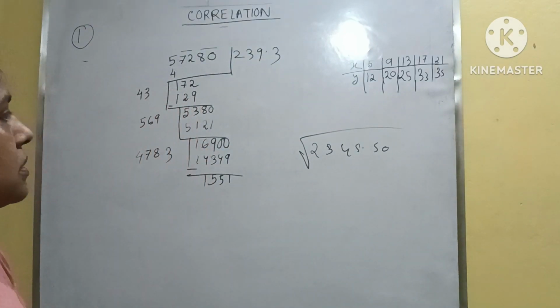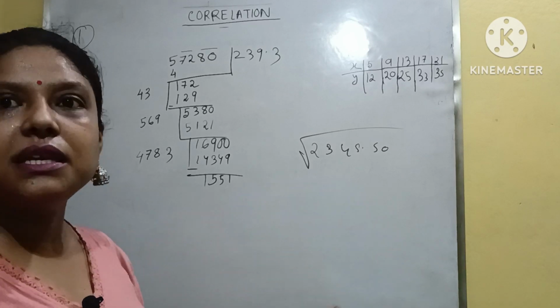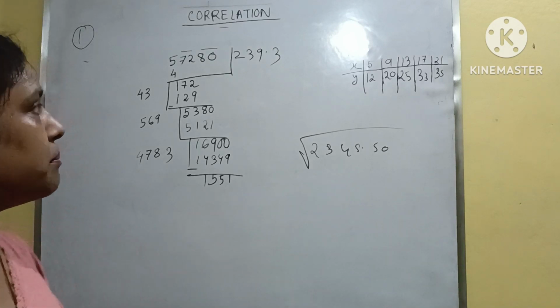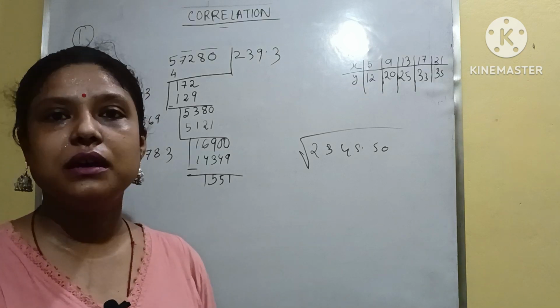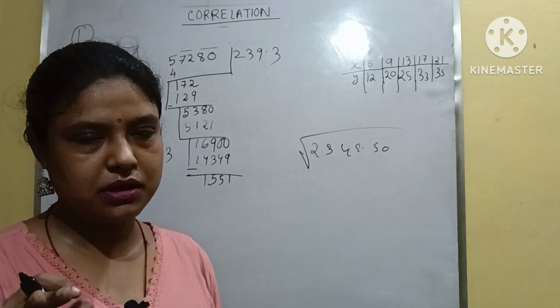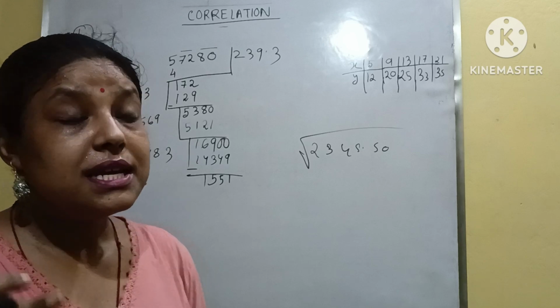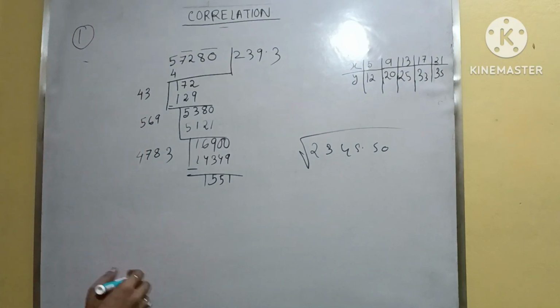I think you all know how to calculate, but I will tell you, if you don't have a calculator, how to calculate the root value. Suppose this is the number. This method is called the division method.